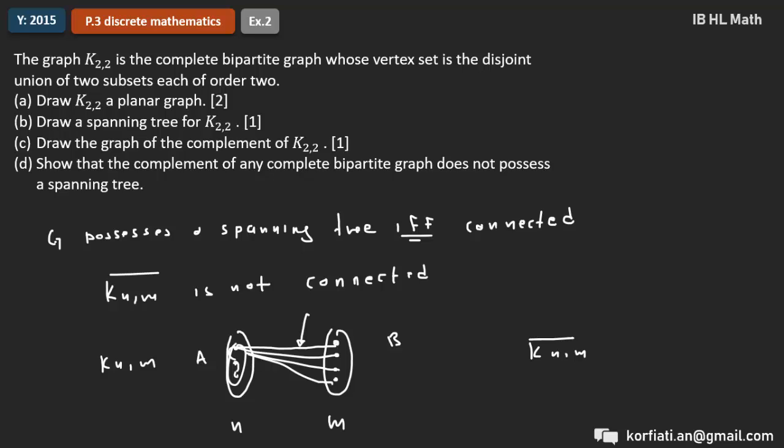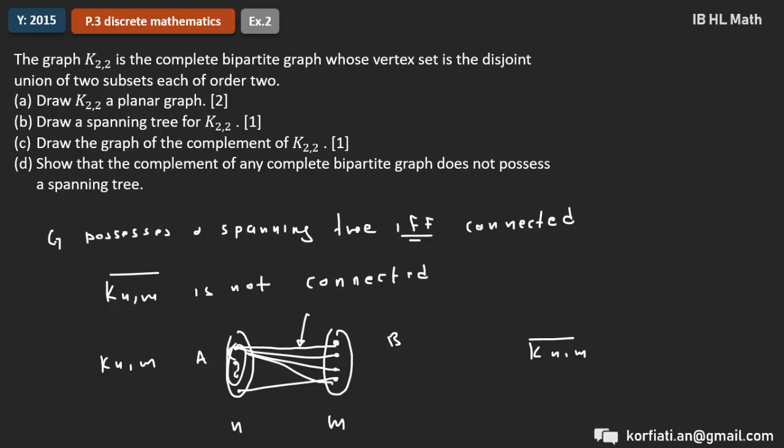The fact that I will have a complete graph does not by itself explain it, but the main thing here is that these edges are illegal, and there is no way in the complement to have an edge or a path that connects a vertex from set A to a vertex from set B.